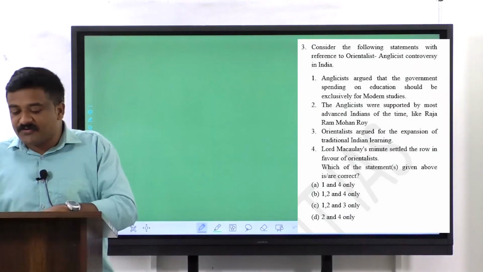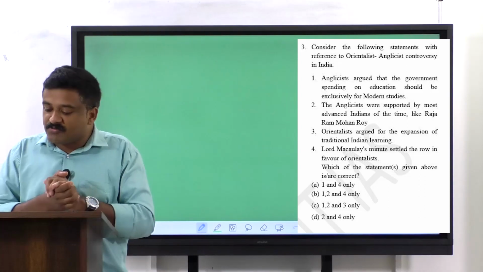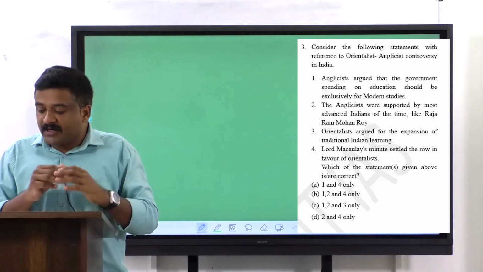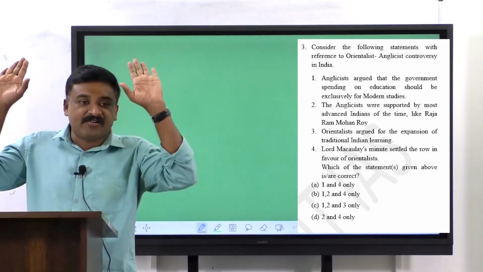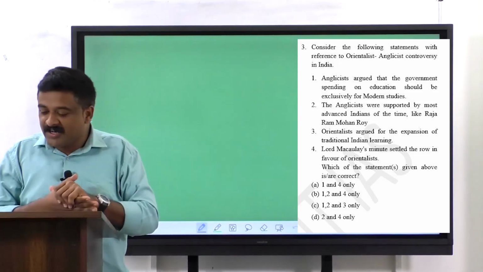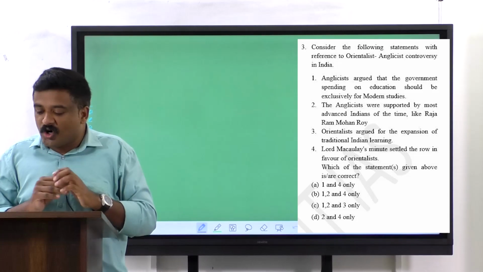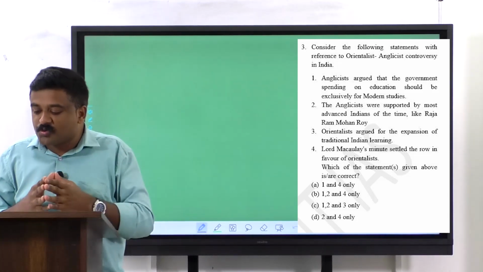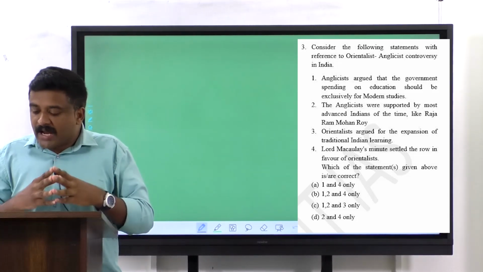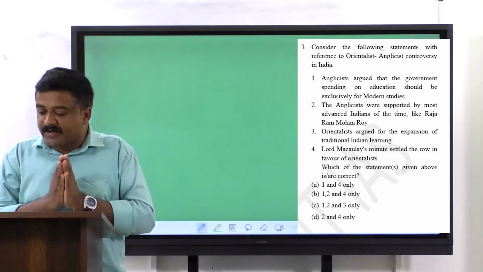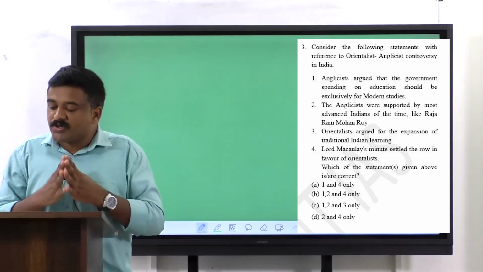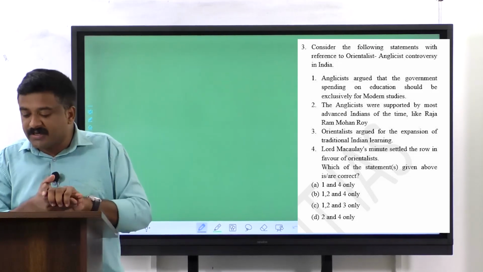Moving on to question number 3, consider the following statements with reference to the Orientalist Anglicist controversy in India. 4 statements are there. First of all, we will read all the 4 statements. Anglicists argued that government spending on education should be exclusively for modern studies. The Anglicists were supported by most advanced Indians of the time like Rajaram Mohan Roy. Orientalists argued for expansion of traditional Indian learning.